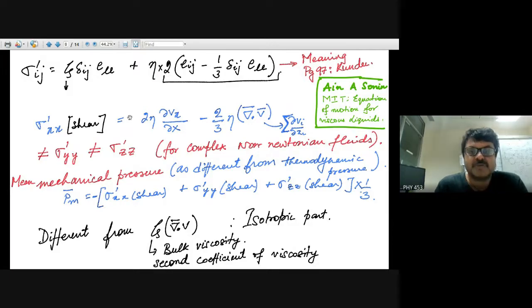So when you write it in terms of a particular direction, it's 2 eta del Vx del x minus 2/3 eta divergence of V, and here we are focusing only on the diagonal terms. Similarly, sigma dash yy will be 2 eta del Vy del y minus 2/3 eta divergence of V.